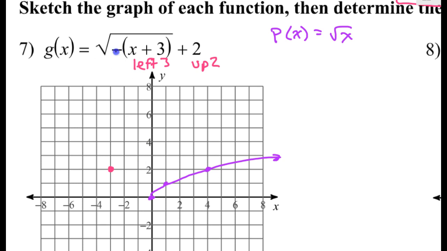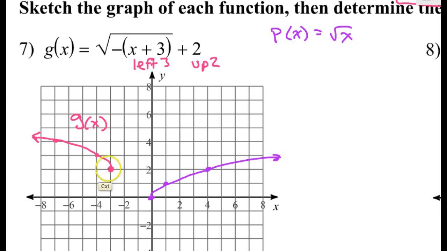That's what happens when you have a negative sign right here. So imagine swinging this like a door. It's going to swing from the right to the left. Alright, so I know that it's going to swing to the left instead, so that's going to be like this. Okay, so this is what g of x is actually going to look like. So this is g of x right here.